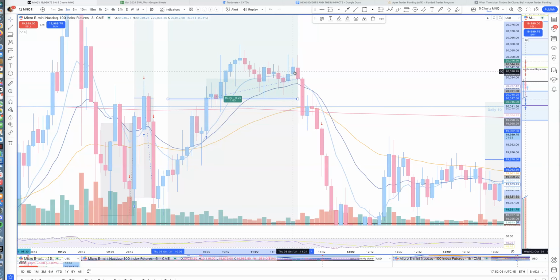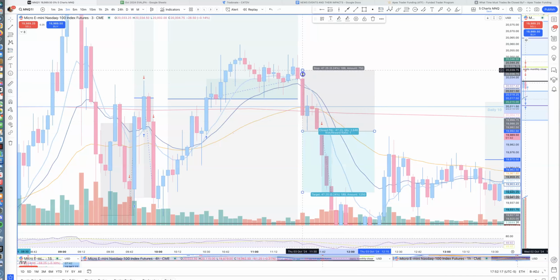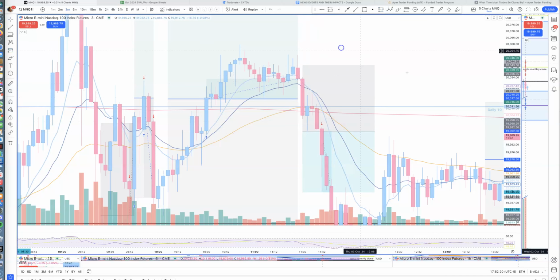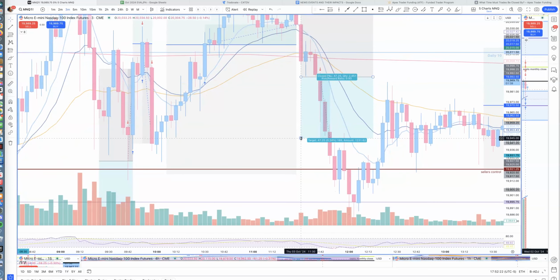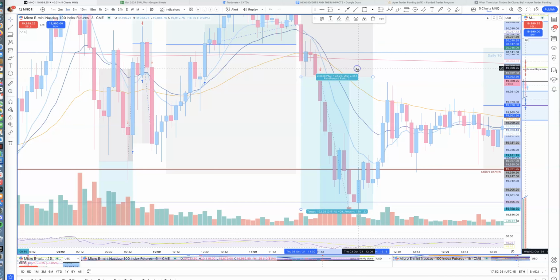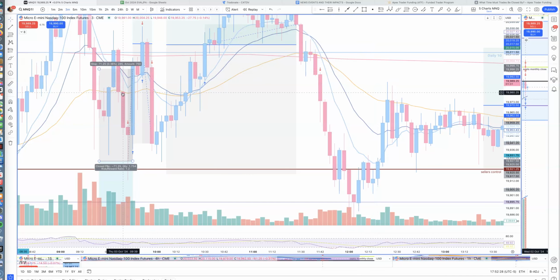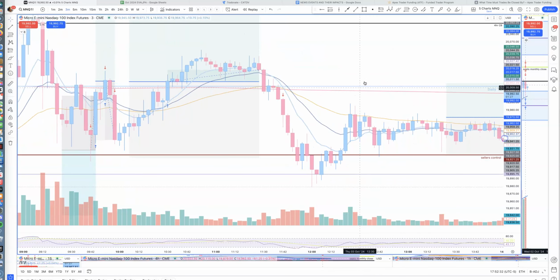Okay, after closing above that 10 EMA, we got the first bull candle opening and closing below that 10 EMA. Could have done something like this or even like this, right? And that would have been my 1.2 to even 2R trade. Could have won what I lost back here. So that was really frustrating to me.